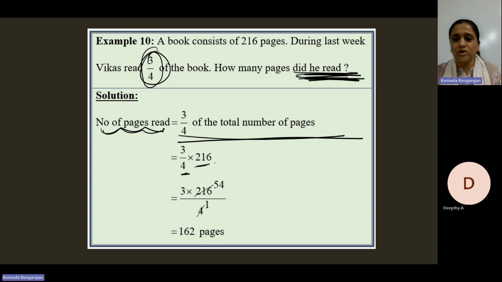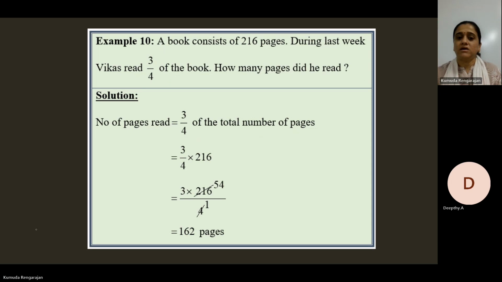So 3/4 of 216. So 3 into 216 by 4. Cancel, 162 pages. So if you find 3 by 4 of 216, you will get the number of pages read. Now, how do you find unread?